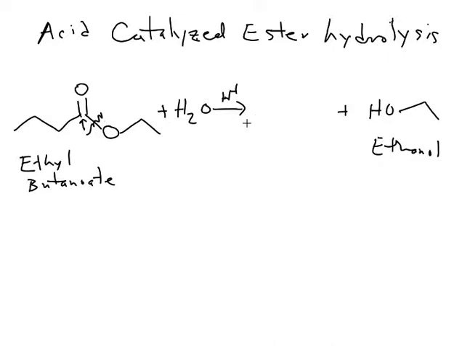And we will end up with butanoic acid. So this is butanoic acid. And so now we've done an acid catalyzed ester hydrolysis. We take ethyl butanoate, we break the bond, we get ethanol, and we get butanoic acid.